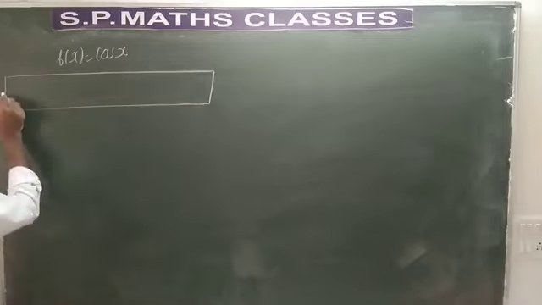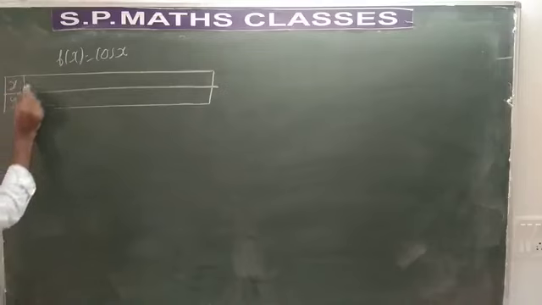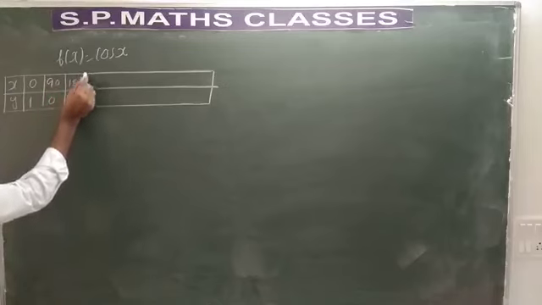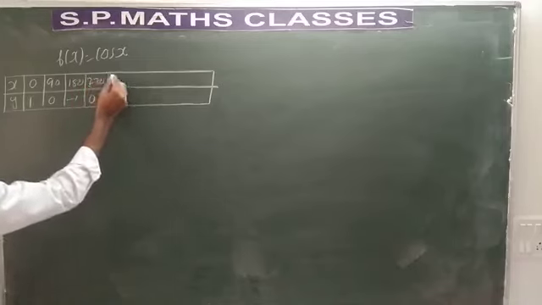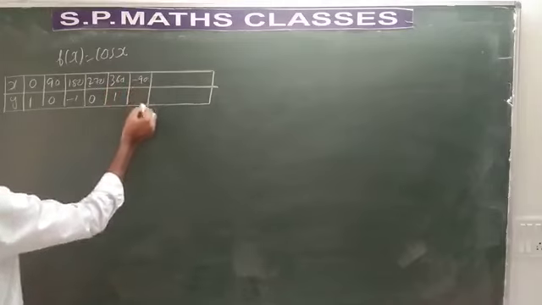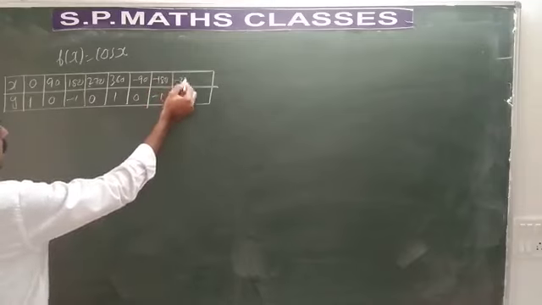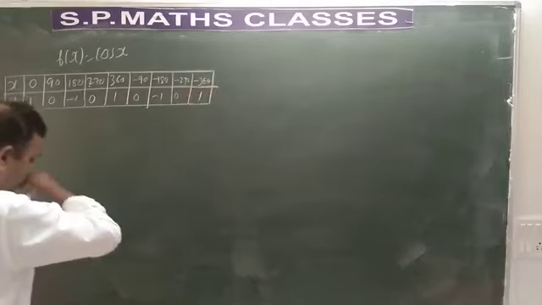Very simple. X and y. Cos 0 is 1. Cos 90 is 0. Cos 180 is minus 1. Cos 270 is 0. Cos 360 is 1. Minus 90 is 0. Minus 180 is minus 1. Minus 270 is 0. Minus 360 is 1.